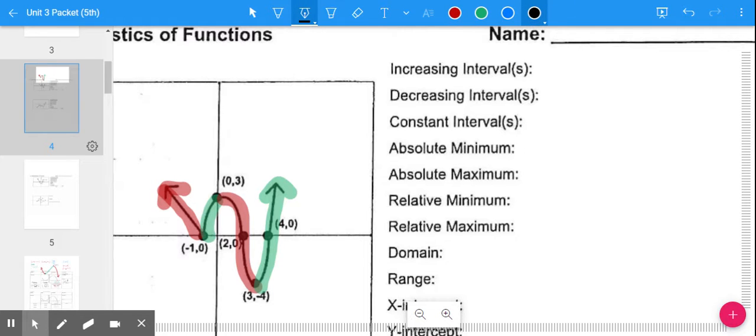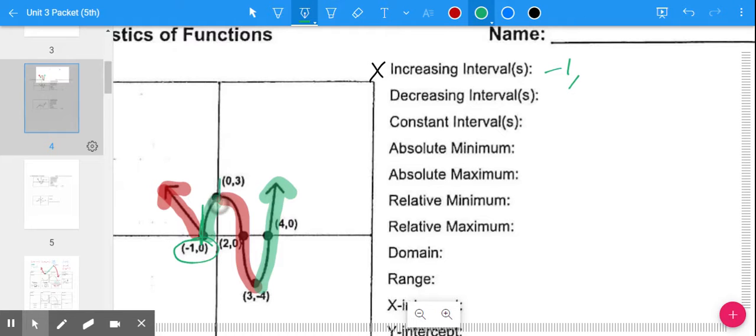Now when we're talking about the interval of increase, we are talking about the x values. We're saying, what is the x value when it begins increasing, and what is the x value when it stops increasing? This is our beginning point. It starts increasing at (-1, 0). The x value in that is -1.